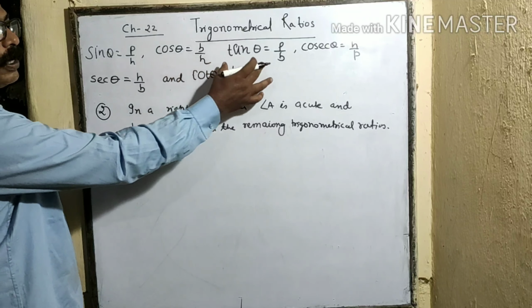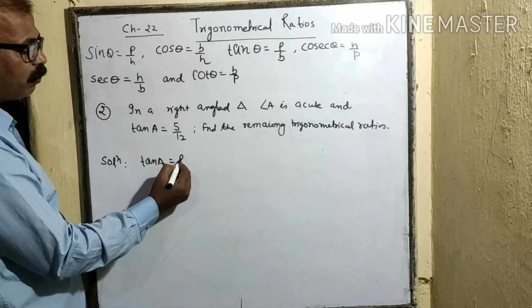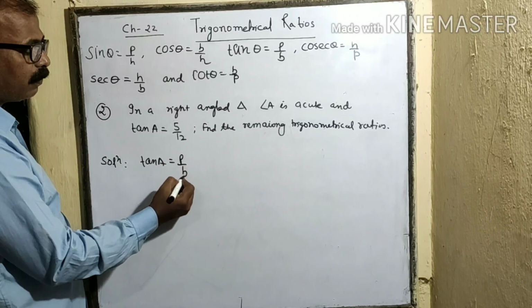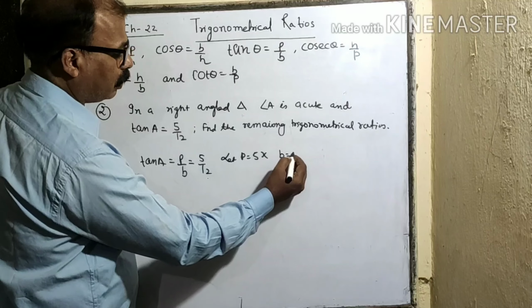Tan A, how much do we know? Tan is equal to P by B. So tan A is equal to P by B, which is 5 by 12. So we'll consider let P be equal to 5x. We cannot consider P equal to 5. We'll consider 5x, and B is equal to 12x.